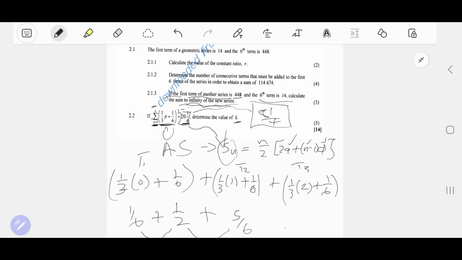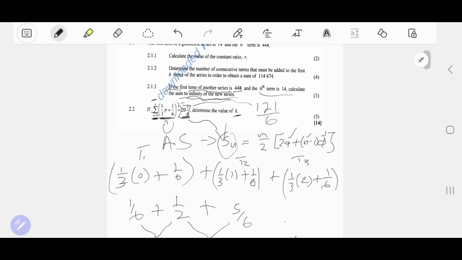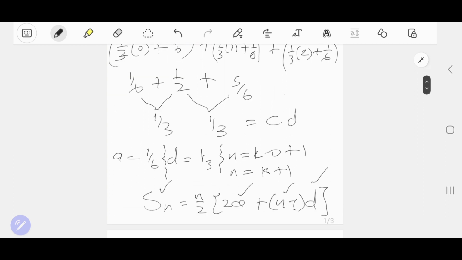So this is the wrong answer. People, please be careful of such mistakes, because we as teachers also make mistakes. So this one is 121 over 6. Please be careful of such things so that you don't make a mistake moving forward.